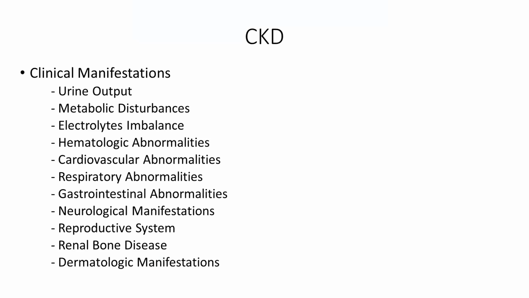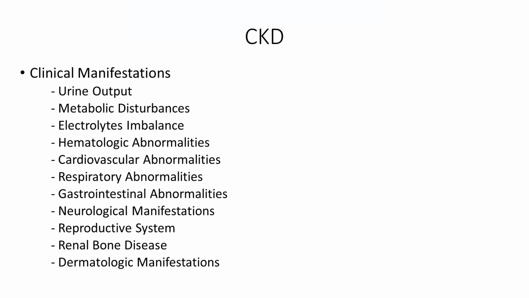Now, this is the list of clinical manifestations in which a patient may present with chronic kidney disease, depending on the stage of the chronic kidney disease. In stage 1 and 2, as I have already told, symptoms are usually not there. But as patients proceed to stage 3 and then 4 and 5, all the clinical manifestations manifest themselves.